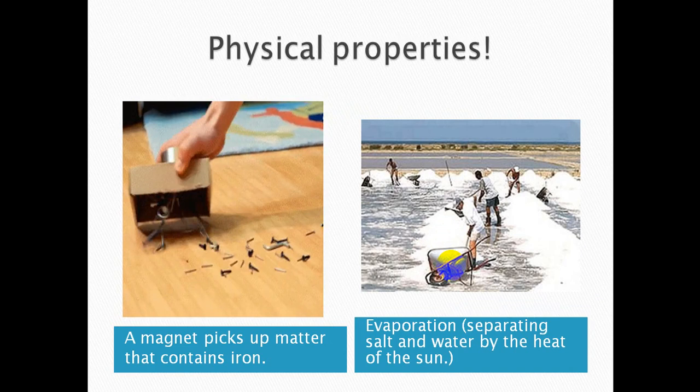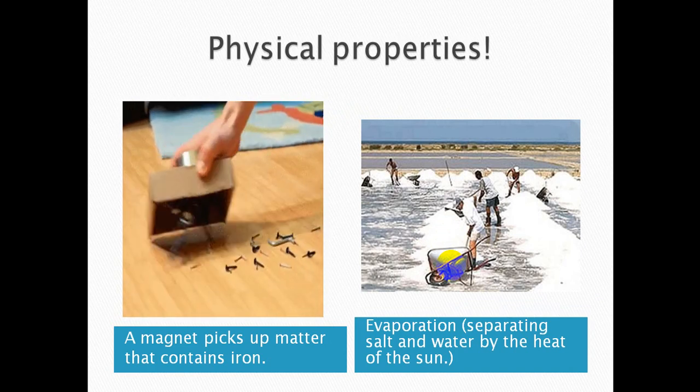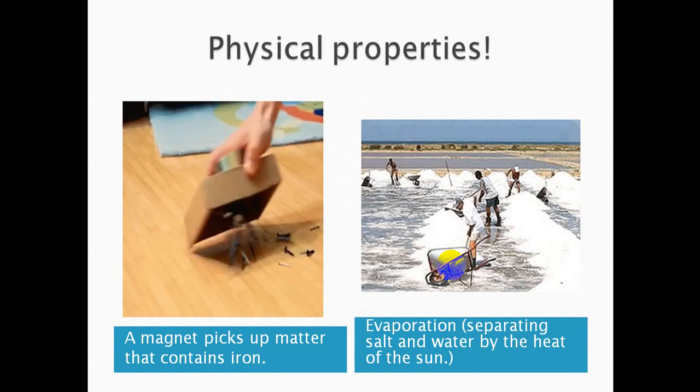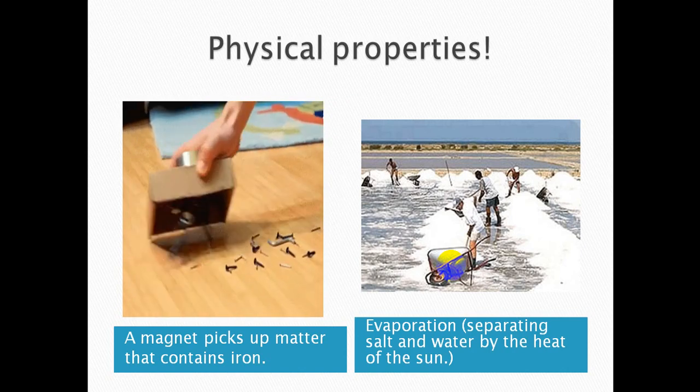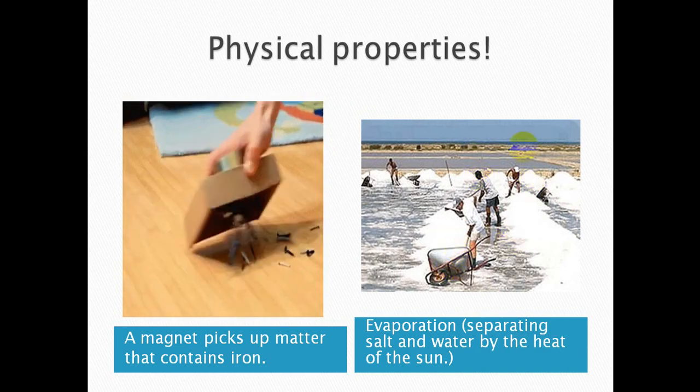The heat of the sun heats and warms the water, the salt water, so the liquid flies up, changes into water vapor, and the salt, which is solid, cannot fly, so it stays down. So evaporation helps here in separating salt and water by the heat of the sun.